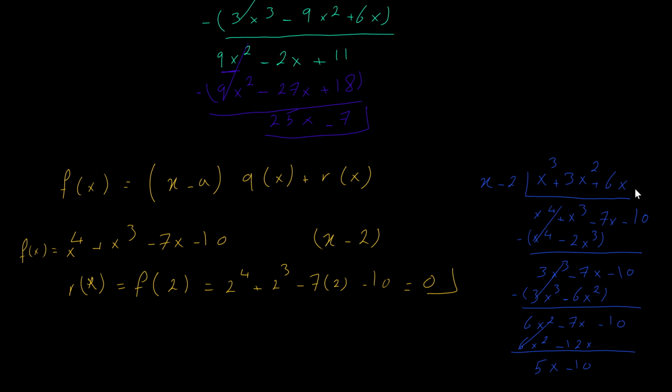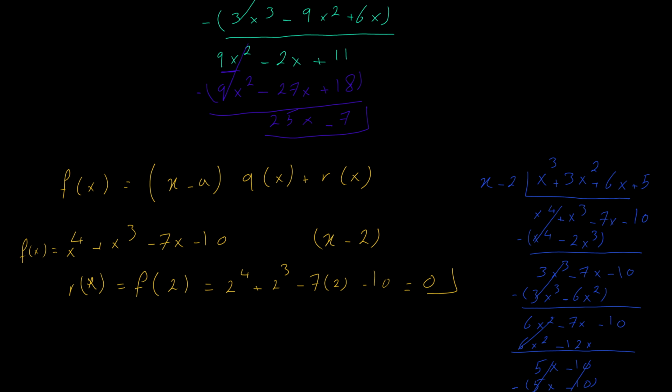The next one is going to be only a 5. So 5 multiplied by x minus 2, 5x minus 10. And what's the remainder? So if you put a negative here, this is going to get canceled out. This is going to get canceled out.